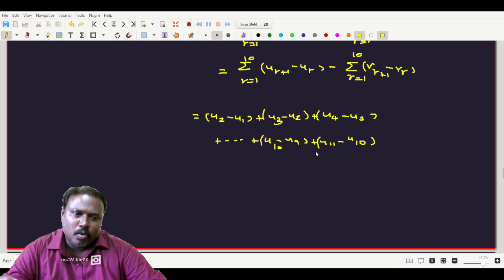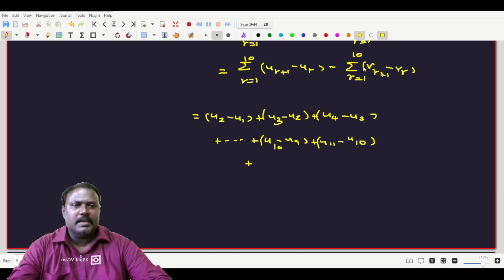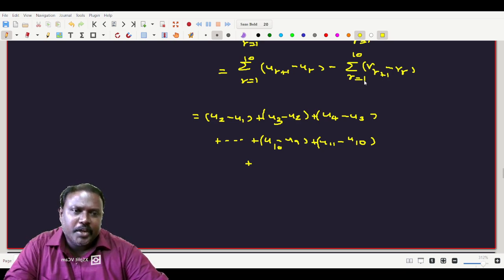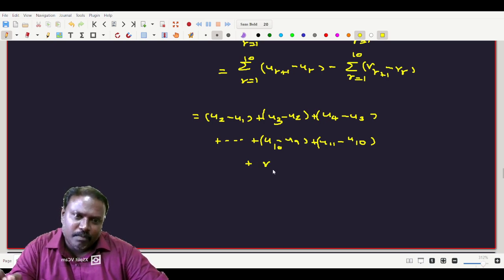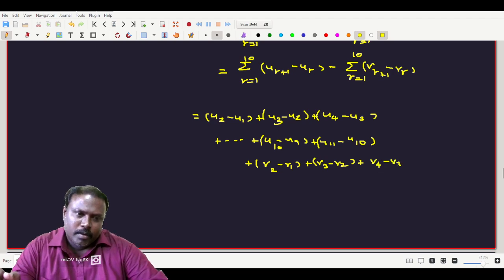Next, if you open up this second summation, I put r equals 1 first, so it becomes v2 minus v1, next plus v3 minus v2, next plus v4 minus v3, plus etc. Last term r equals 10.